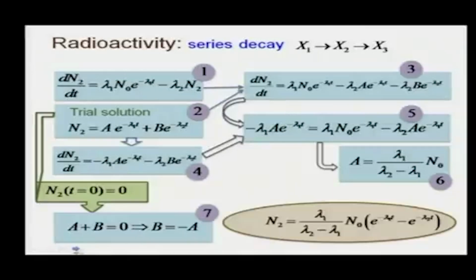So, we get both a and b; in fact, a and b are simply related by a minus sign. And n 2 can be written as lambda 1 over lambda 2 minus lambda 1 times n 0 into exponential minus lambda 1 t minus exponential minus lambda 2 t.